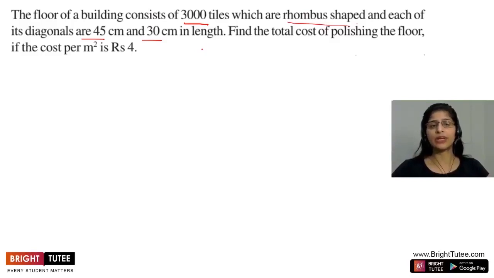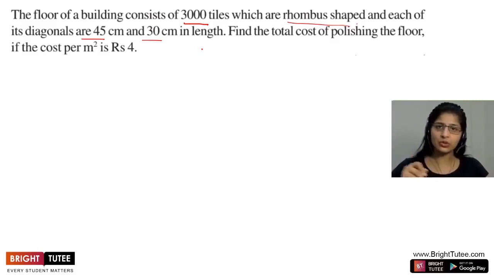The tiles, how many tiles are there on the floor? 3000 tiles, and the diagonals are given of that rhombus shaped tile, that is 45 centimeter and 30 centimeter. Then they are saying find the total cost of polishing the floor if the cost per square meter is ₹4. For 1 square meter, the polishing cost is given as ₹4.